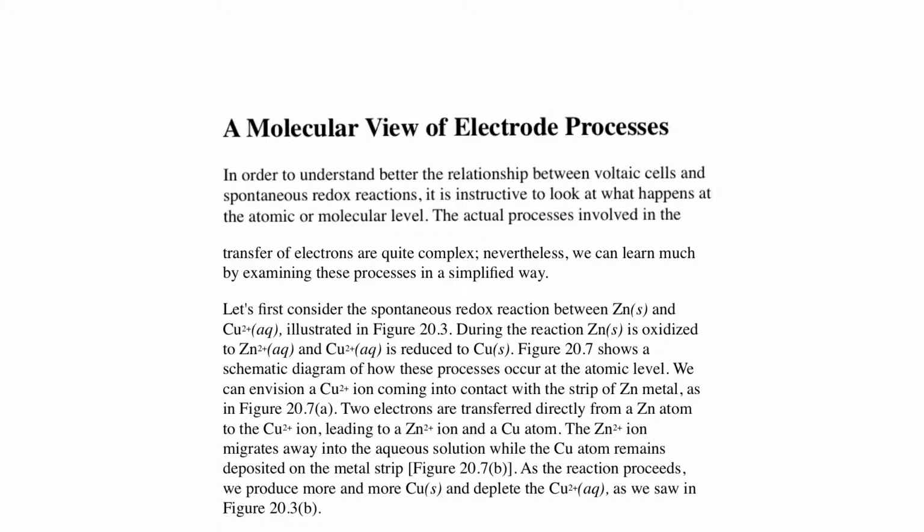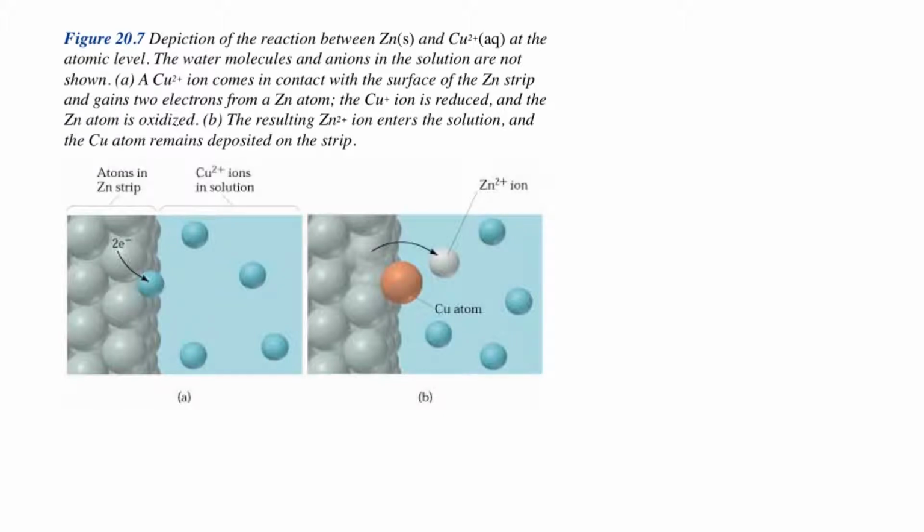a copper metal atom. The zinc-2 ion migrates into the aqueous solution, while the copper atom remains deposited on the metal strip. As the reaction proceeds, we produce more copper and deplete the copper-2 ion, as we saw in Figure 20.3b. Figure 20.7. Depiction of the reaction between zinc solid and copper-2 ion at the atomic level.